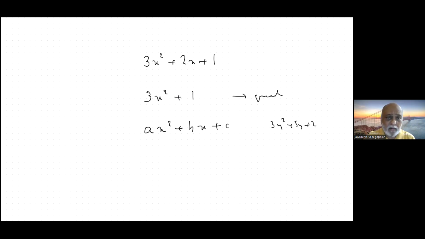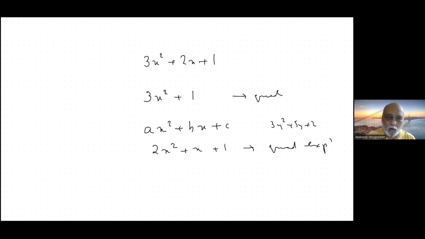Now, let us take an example of this. Let us say 2x squared plus x plus 1 is obviously a quadratic expression.